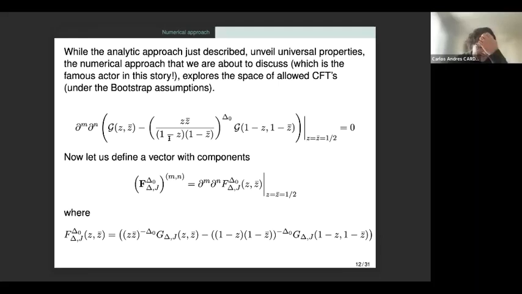So the nice thing about the analytic side, as I said, is that it allows us to uncover some universal properties. You see, these conformal field theories would correspond to universal families.